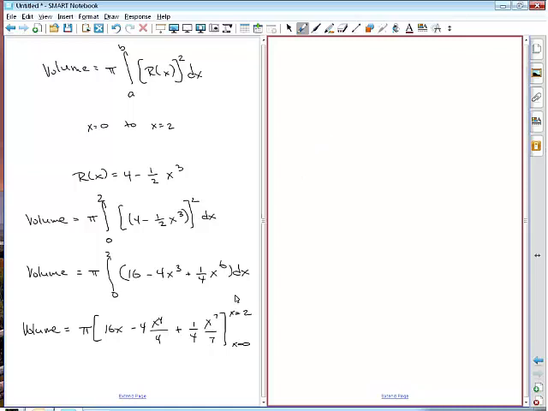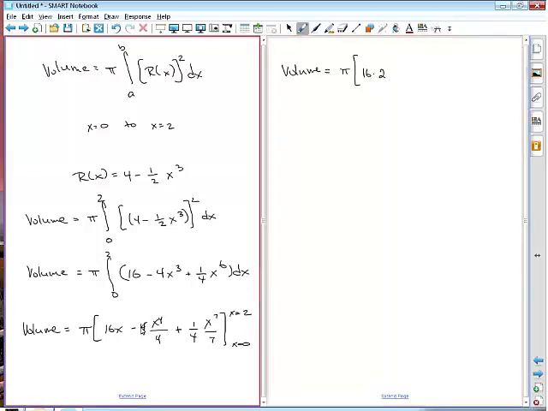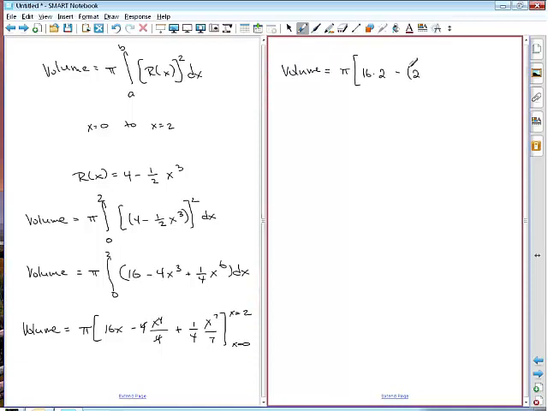And now we plug in the numbers. Again, the lower limit is going to be 0 because everything's 0 in a polynomial comes out to be 0. So we get 16 pi times 16 times 2. The 4's cancel out here, so we don't have to carry those along. So we'll just get minus 2 to the 4th power plus 1/4 2 to the 7th power over 7.